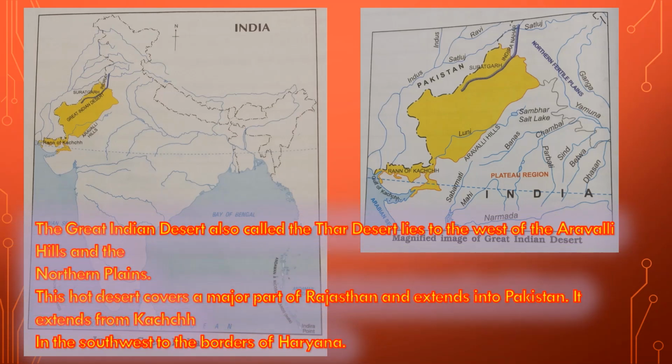The Great Indian Desert, also called the Thar Desert, lies to the west of the Aravalli Hills and the northern plains. These hot deserts cover a major part of Rajasthan and extend into Pakistan. It extends from Kutch in the southwest to the borders of Haryana.